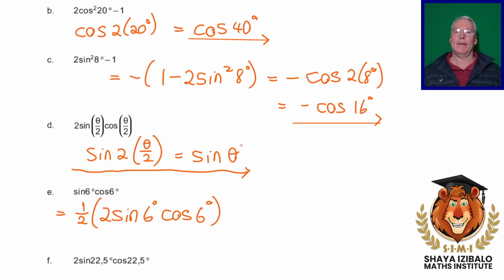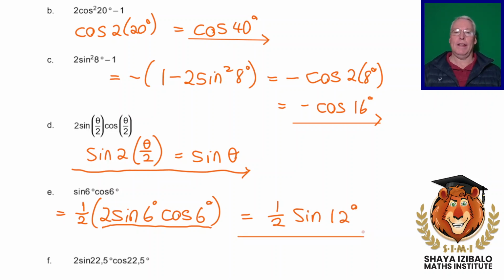And that there is a pattern or a formula that you need to recognize, that 2 sine 6 cos 6, okay, that is half, the half is the half that we took out, that is half sine of 2 lots of 6 or sine of 12 degrees.